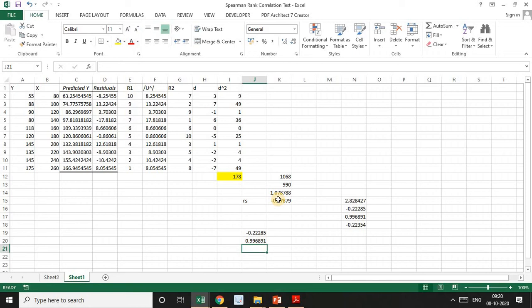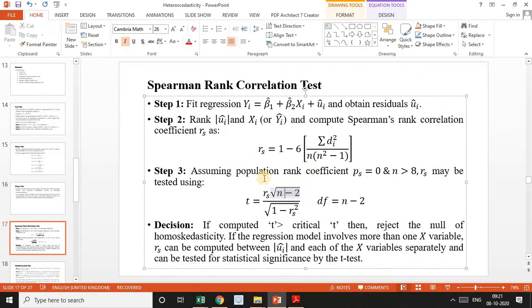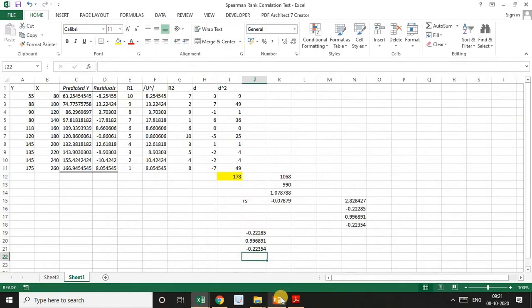We are getting 0.9968. If you divide by this value, minus 0.2285 divided by 0.9968 gives minus 0.2292. This is the t value.